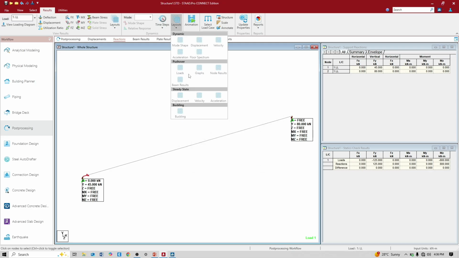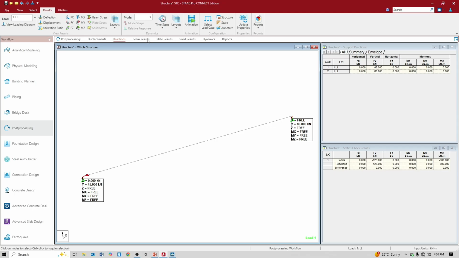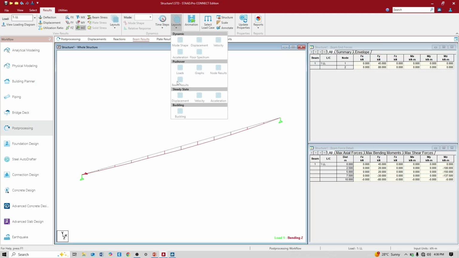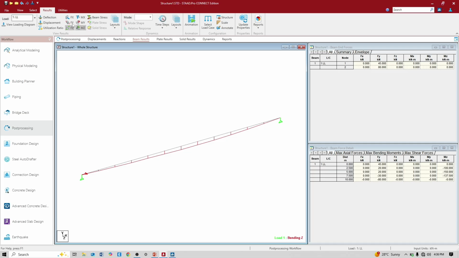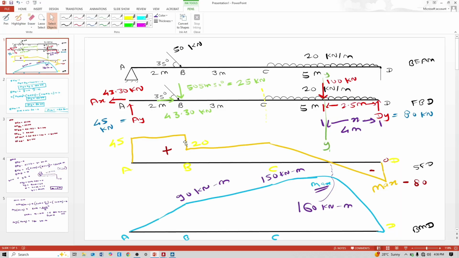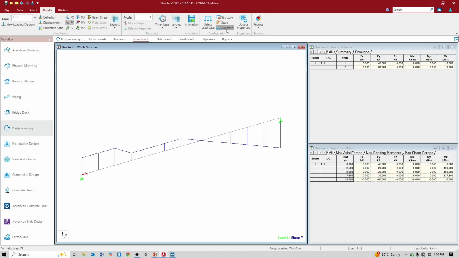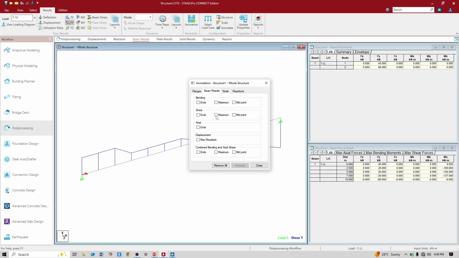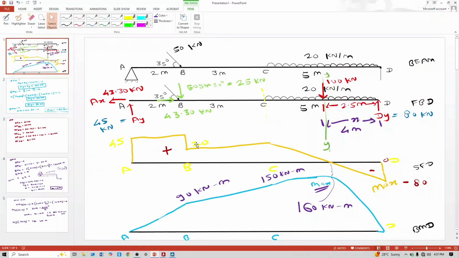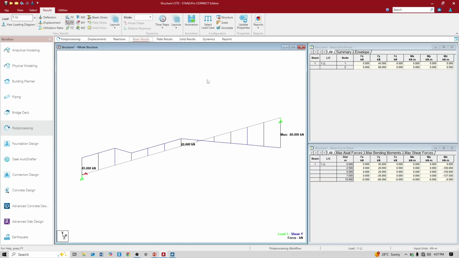Now turn on beam result. Okay, FY. We are interested in FY. So see shape of this SFD is similar to our shape. Annotate beam result, shear maximum mid. Annotate. So see 45 kilonewton, 20 kilonewton and 45, 20 and minus 80. So it matches.